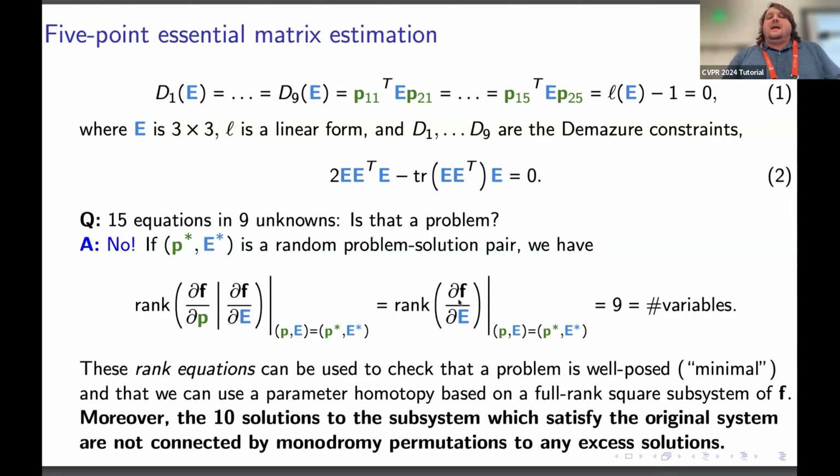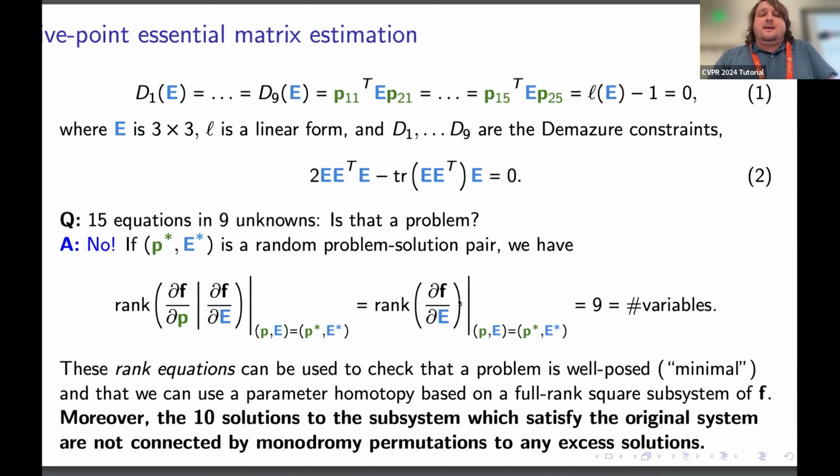And that subsystem may have other solutions, but it turns out that they don't appear when you use this method. More formally, the excess solutions to the square subsystem are not connected under monodromy permutations to any of the 10 solutions which satisfy all 15 equations.